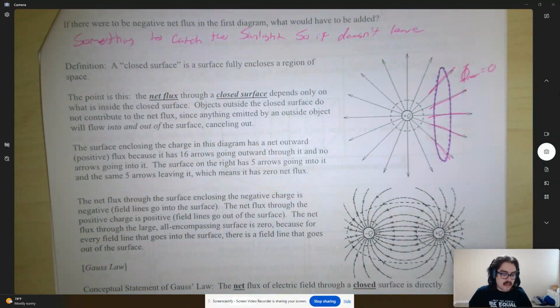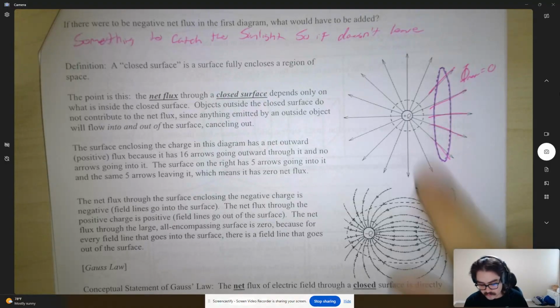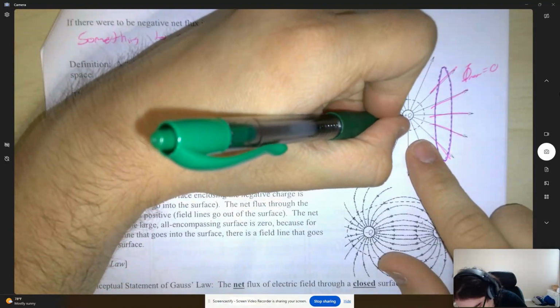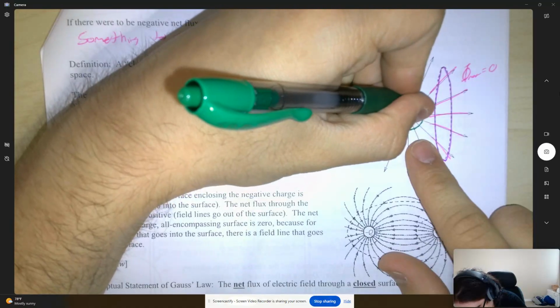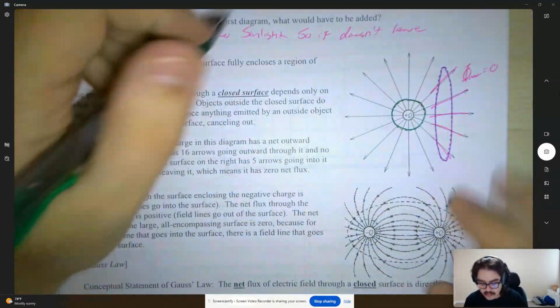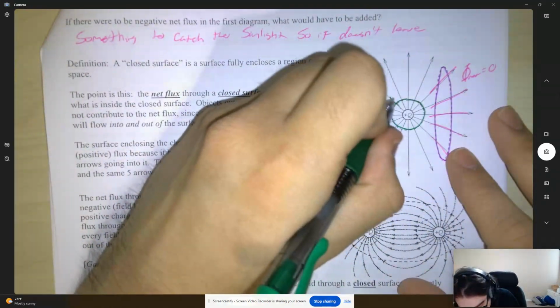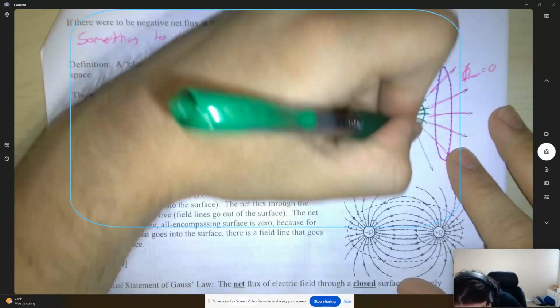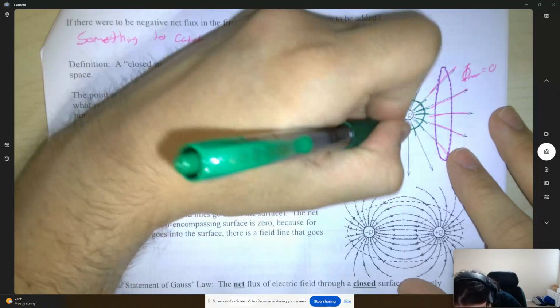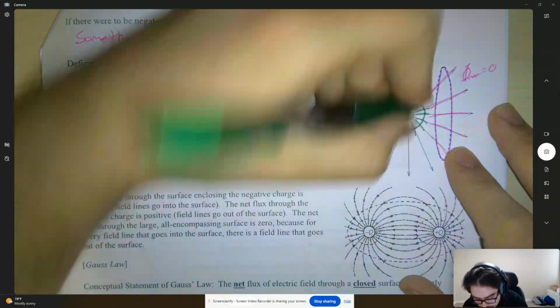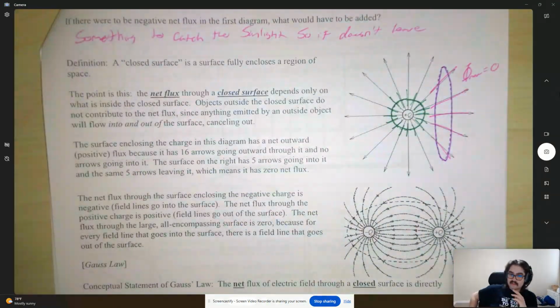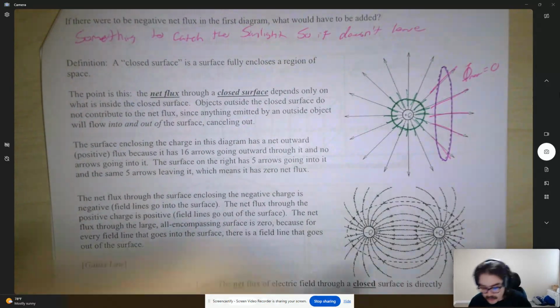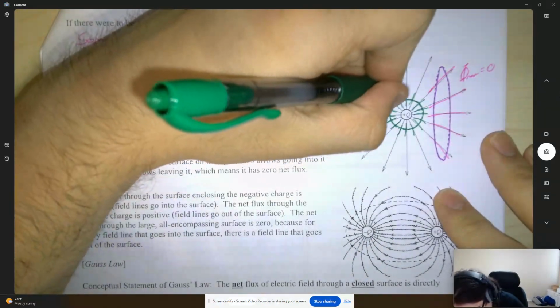If you have, for example, another surface, this dotted line right here, you'll notice that you have lines leaving the surface and nothing that enters. You have only lines that leave the surface, and nothing that enters. So the net flux would have to be positive.